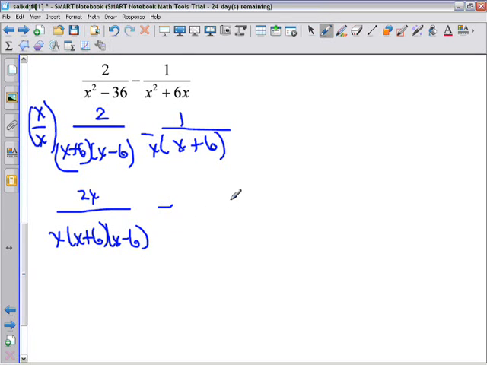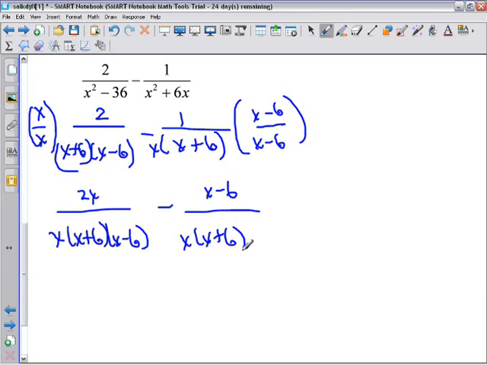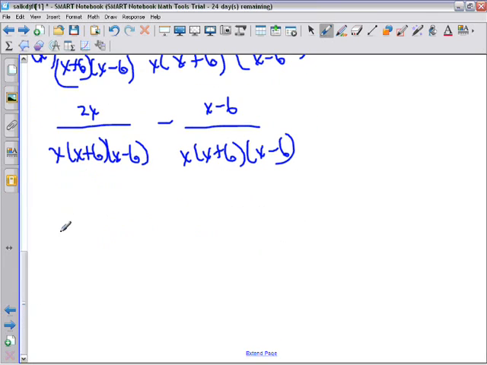Subtracted by, now you have to multiply the second fraction by x minus 6 over x minus 6 to get x minus 6 over x times x plus 6 times x minus 6. Now you subtract the numerators to get 2x minus the quantity of x minus 6, over x times x plus 6 times x minus 6.